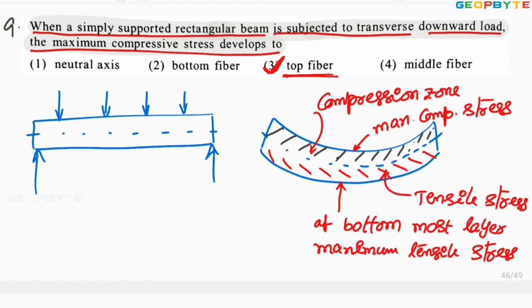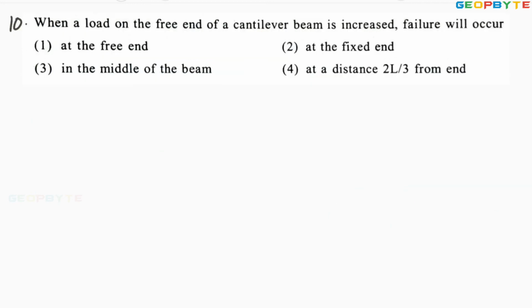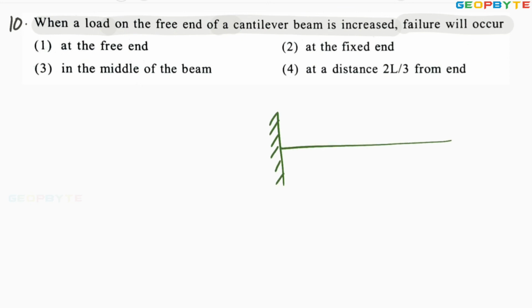Let us take one more problem. Look at the last problem. When a load on the free end of a cantilever beam is increased, failure will occur. Dear friends, when the cantilever beam is subjected to load W at the free end, the maximum bending moment occurs at the fixed end.